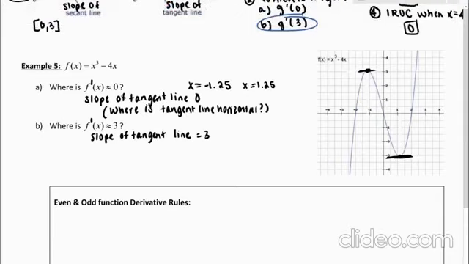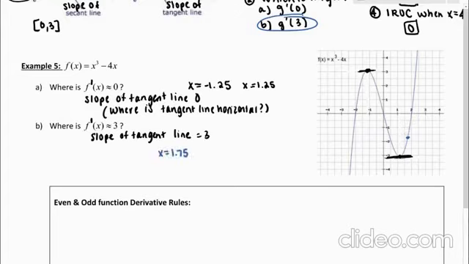Right about here, I would say. If I draw in a tangent line there, it looks like we're going up 3 over 1 with that tangent line, which is what we want. And that's happening right about 1.75, I would say. So that's happening at x equals 1.75.